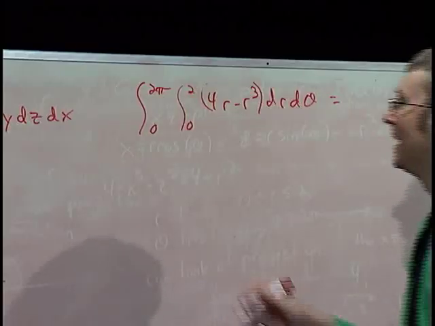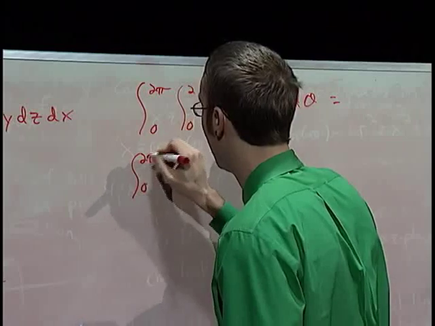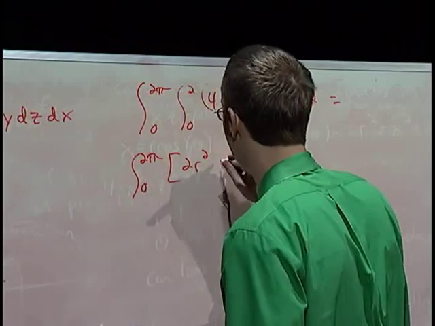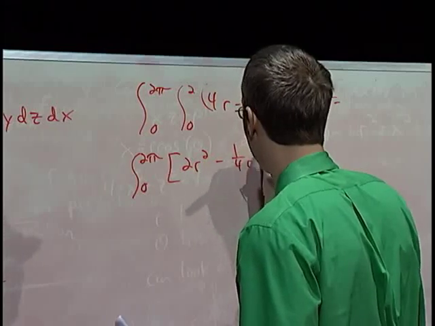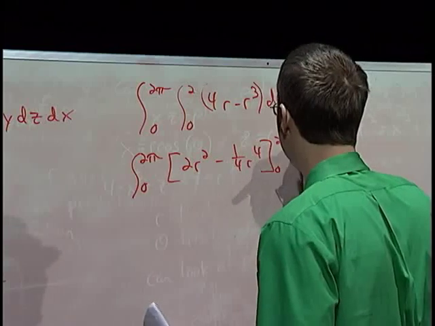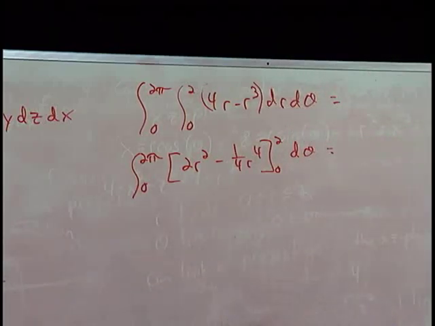That's the integral from 0 to 2 pi of 2r squared minus 1/4 r cubed from 0 to 2 d theta. So you plug in, what do you get?